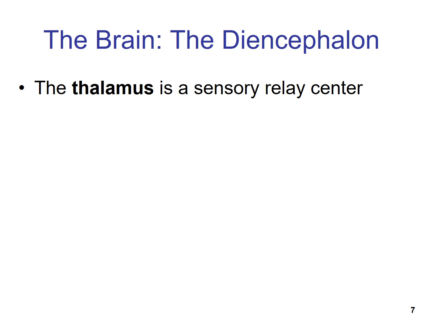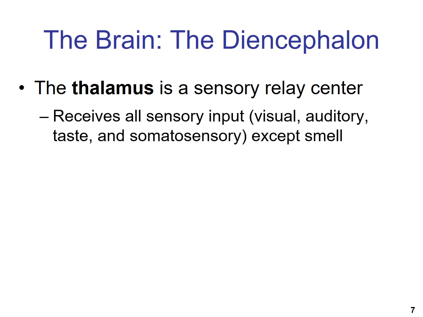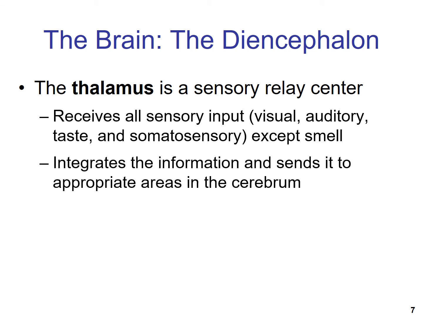The thalamus is a sensory relay center, as I mentioned before, and there's an analogy that I usually give for this, and it definitely is something that I'm not sure you guys are familiar with. If you've ever seen old movies where there's a telephone switchboard where operators are routing calls to the correct places, the thalamus is basically like the switchboard of the brain. It's a sensory relay center. It receives all sensory input except for smell, and it sends it to the appropriate areas in the cerebrum.